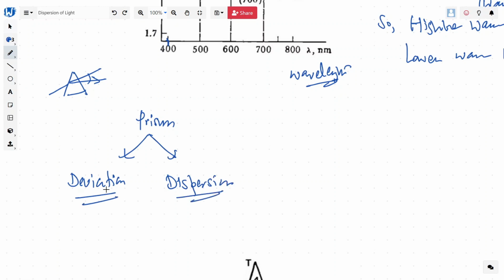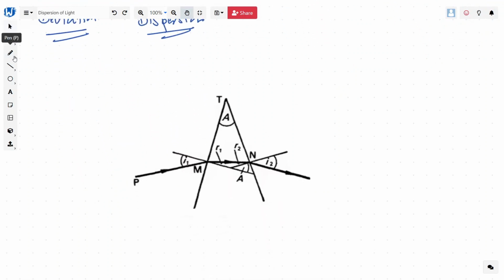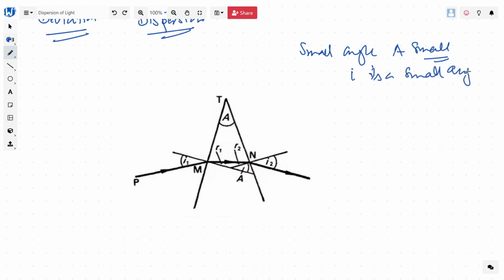Now you can watch the deviation formula we derived earlier, but I will just do it again for you. Let's say we have a prism here with a small angle. So A is a small angle, let's say less than 10 degrees. A ray of light is incident on this surface, and this I1 is also a small angle, almost at the normal. These are the assumptions we are making.